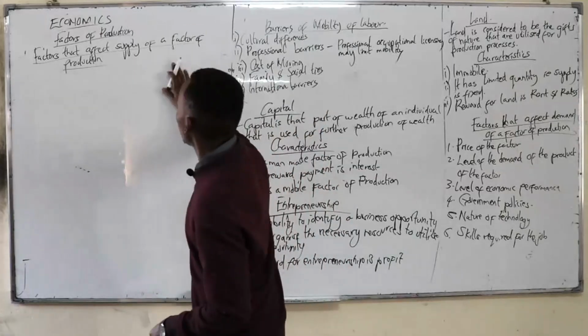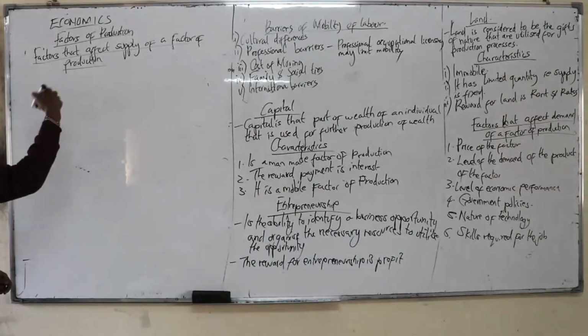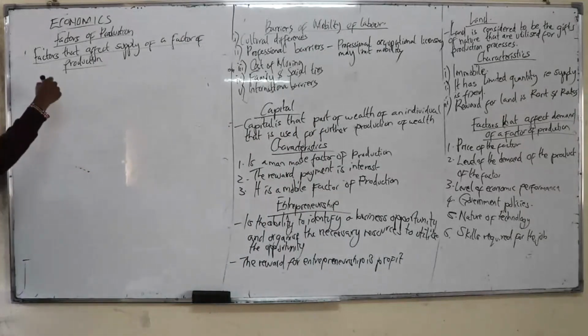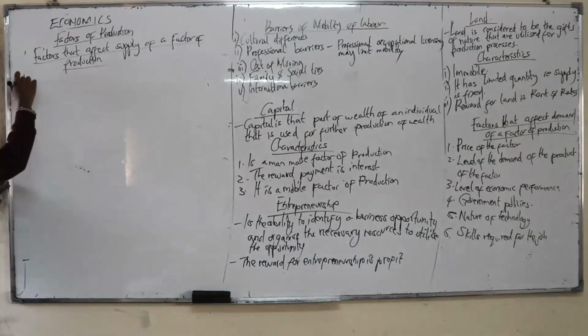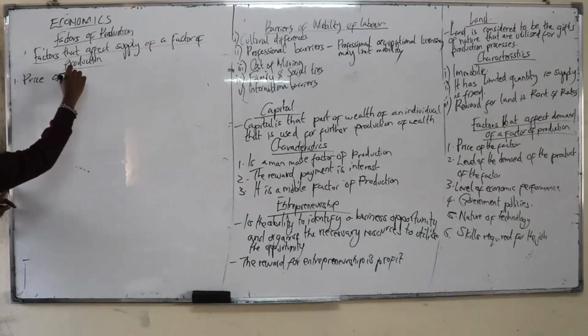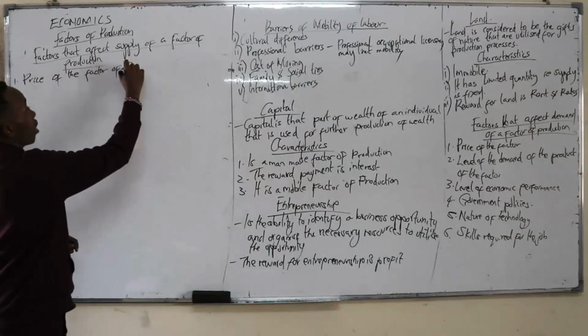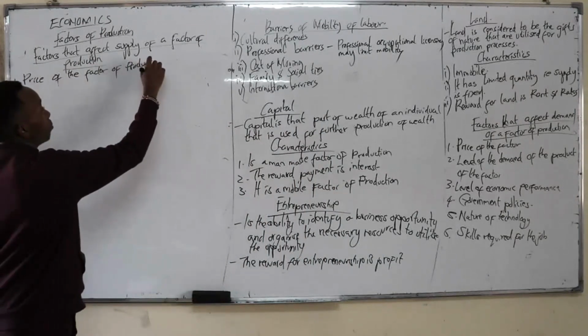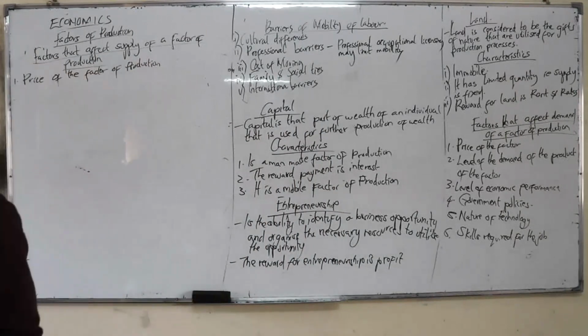If this aspect of labor is needed, then more of those people will study to be that kind of individual. So the price that people are willing to pay for that job will increase the supply. So the price of the factor of production is one of them. That means that the higher the price, the more the supply there will be.